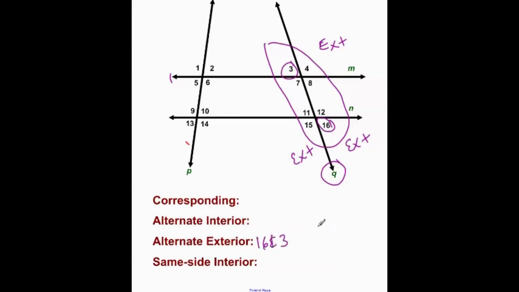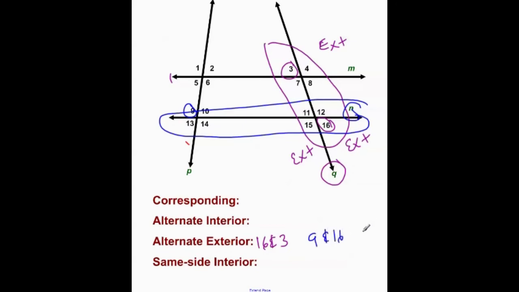These are going to come in really big in the next chapter, when we start dealing with parallel lines. And 15 and 4 is the other one. I would do the same thing for a different transversal. Say we did transversal N, so it's going to be this guy. Exterior would be 9 and 16, and so on.